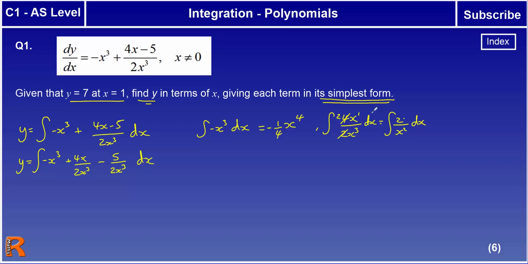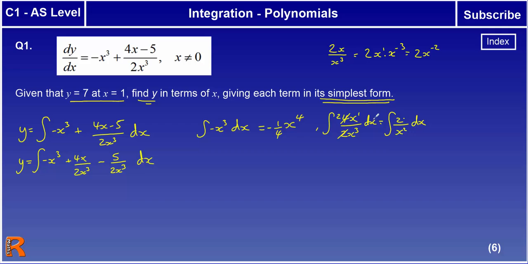Another way of thinking about that is if we think about the x cubed as being x to the minus 3. Anything where there's an x power on the bottom of a fraction is a negative power of x, so 2x over x cubed is the same as 2x times x to the minus 3, and we know when we multiply powers we just add them, so we've got 2x to the minus 2, which is what this is.